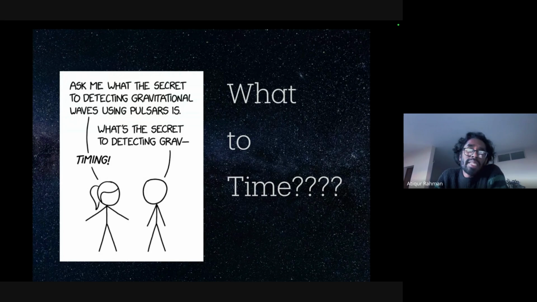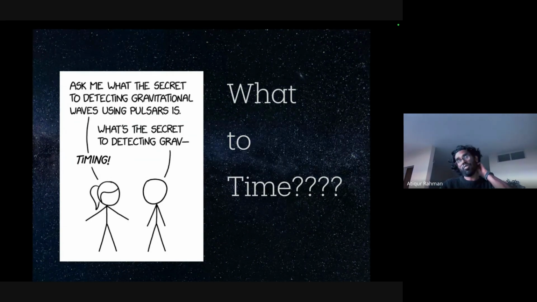When we say time, we mean that there are a few obstacles between when the signal leaves the pulsar and when we receive the signal on Earth. One of them is the interstellar medium. In general, we know that the space between the pulsar and Earth is empty, but it is not absolutely empty.